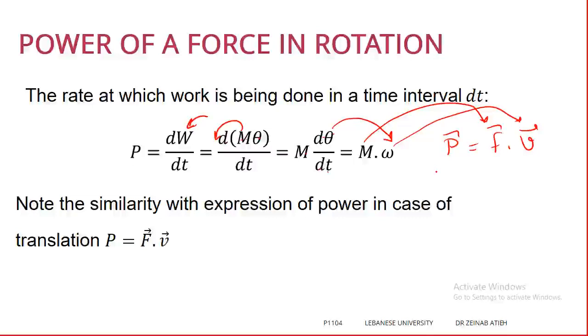Remember that M and omega can be algebraic values. So if P is positive, this means it is gaining, if P is negative, it is losing, because omega is the speed or velocity with its sign, and M is the moment with its sign. Okay, so I'm not inserting them here as vectors, only as algebraic values.